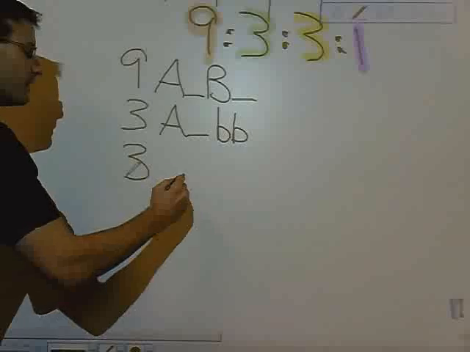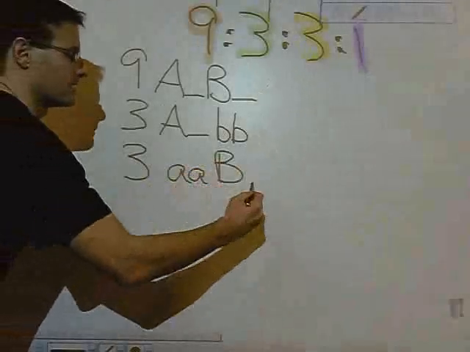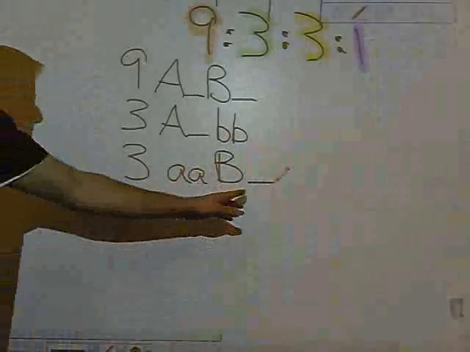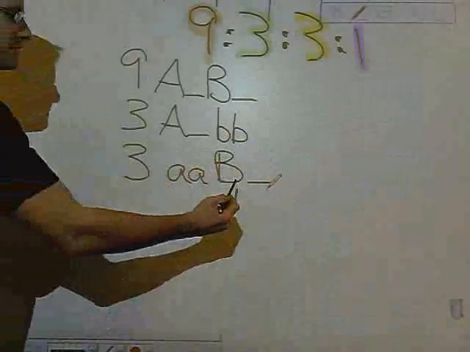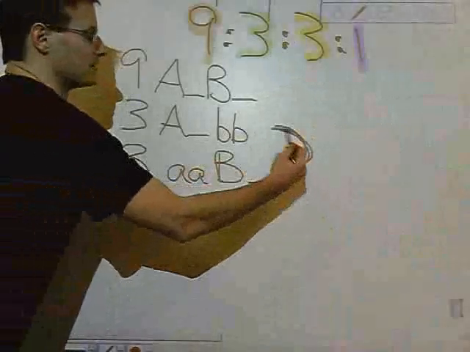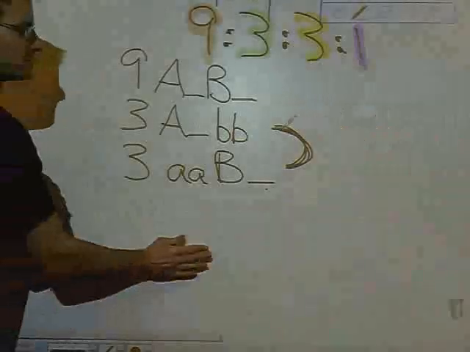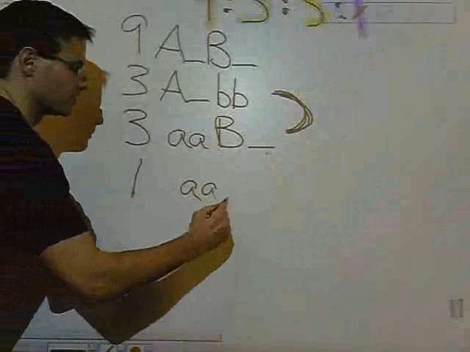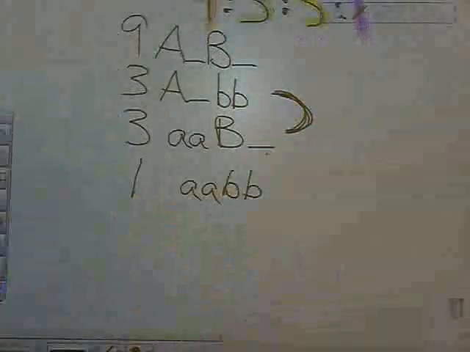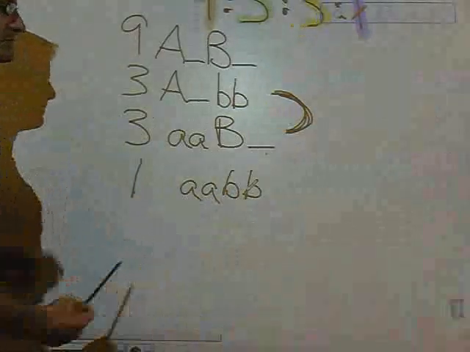Another 3 have only little a's, and kind of backwards of the last one, a big B with a following number or letter that doesn't really matter because of law of dominance. So here you can see we have variation in opposite corresponding letters, traits, okay? And then finally, the only way to be homozygous recessive for 2 traits is to get 2 homozygous recessive alleles, 2 little a's, 2 little b's.